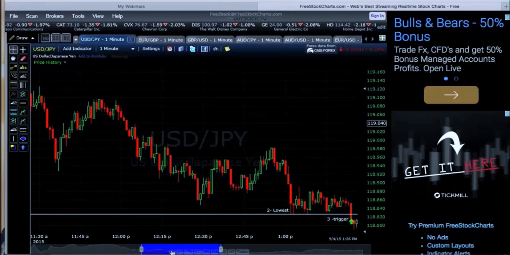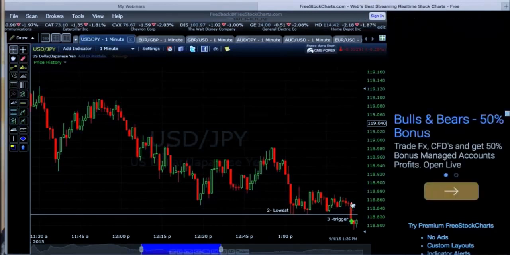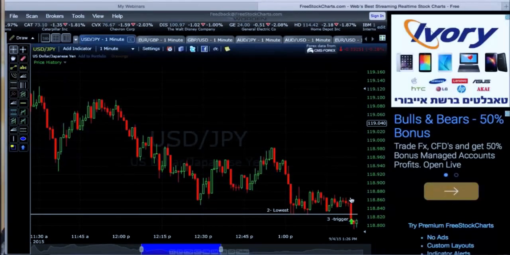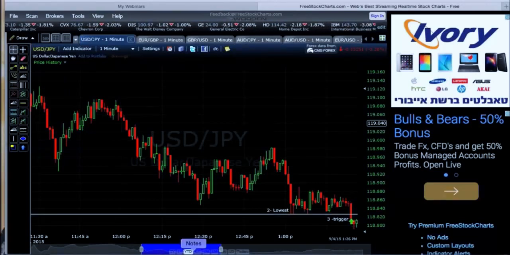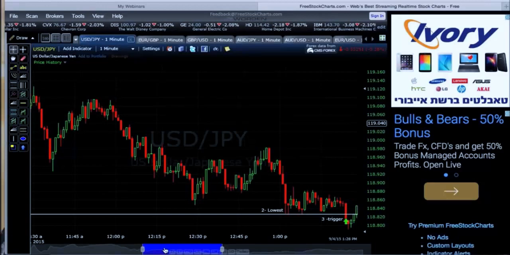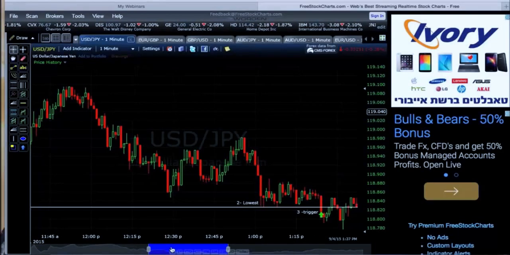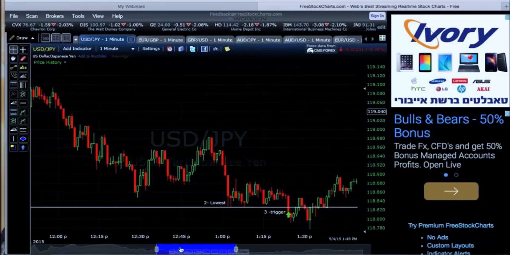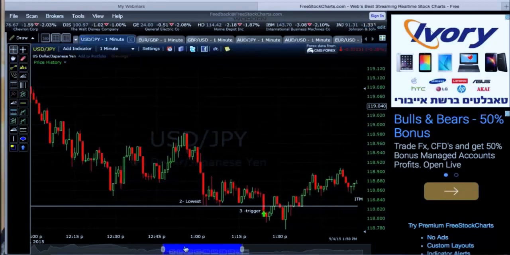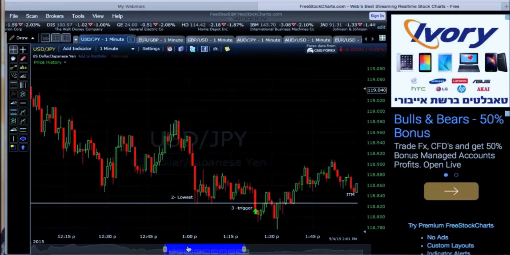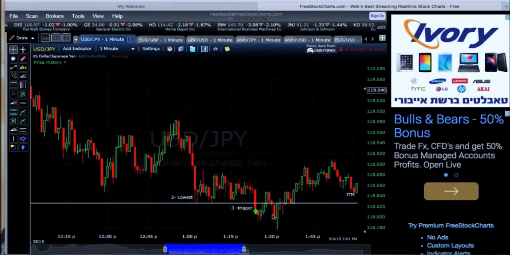So here we saw this candle closing below the horizontal line. We opened the call to expire around 30 minutes from this point and created a nice ITM here, about 3 pips, which was pretty nice.